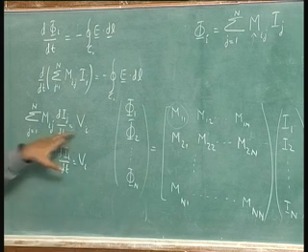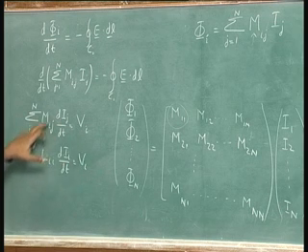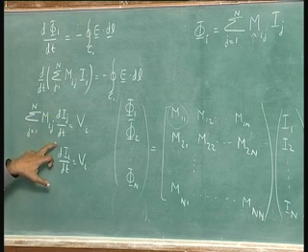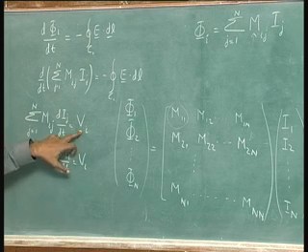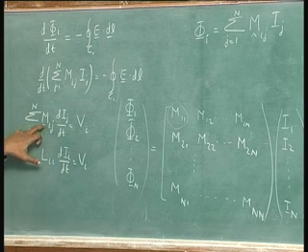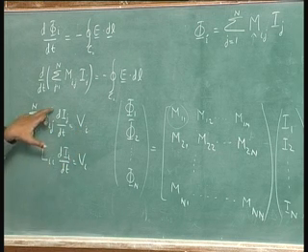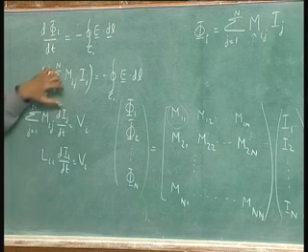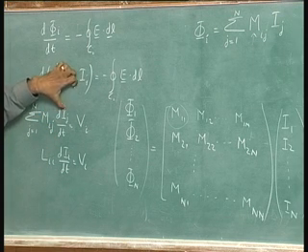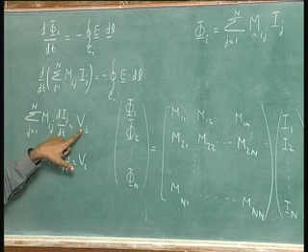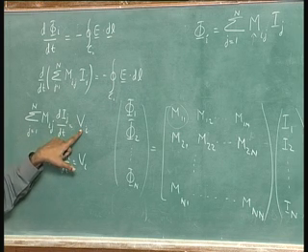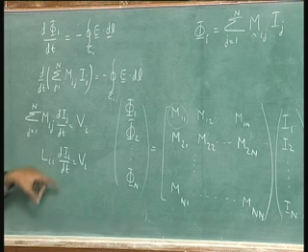If I have multiple coils and all the coils have varying currents, then the total induced EMF is nothing but the sum over all the mutual inductances times the time rate of change of current in the other coil. You add them all up, that gives you the applied voltage required to drive your current in your coil.